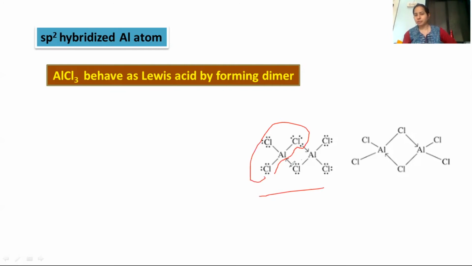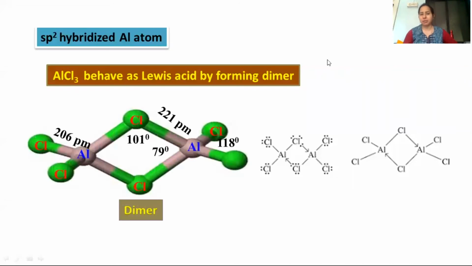Because chlorine atoms have an extra lone pair of electrons, they are giving that lone pair to aluminium, and therefore, because of the formation of these coordinate bonds, they form a bridge-like structure for aluminium chloride. In that way, what you get is AlCl3 as a dimer. So you can see this is actually the structure of AlCl3.